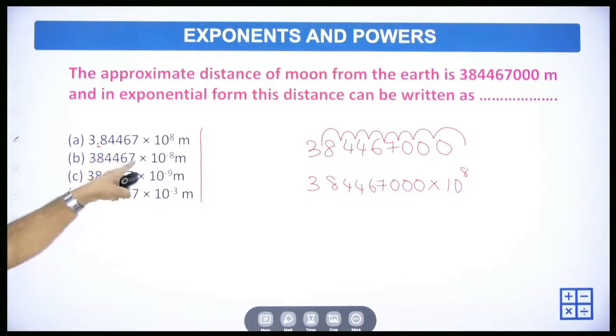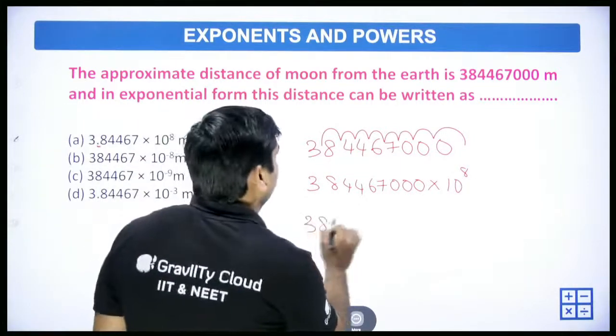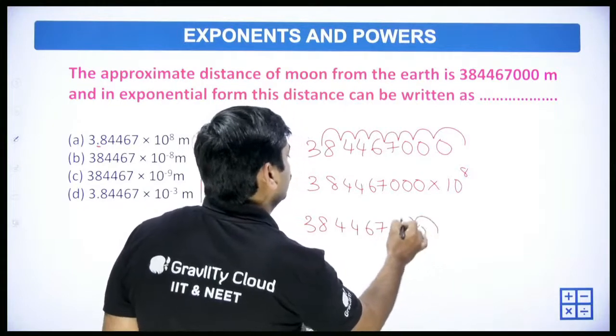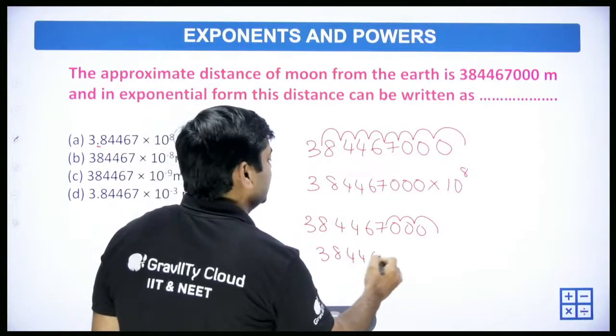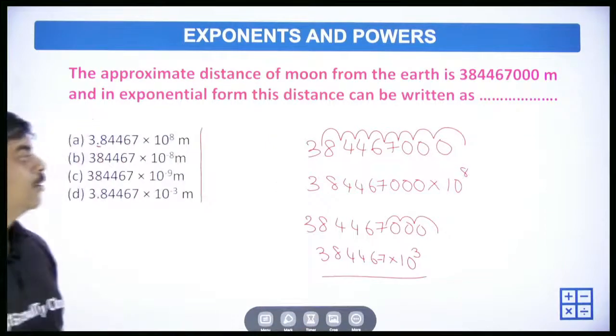Here we have the decimal after 7. We don't have a decimal, that means it is after 7, 38446700. So 1 2 3, 3 places. 38447 into 10 cube should be there. Into 10 cube, I'm so sorry.